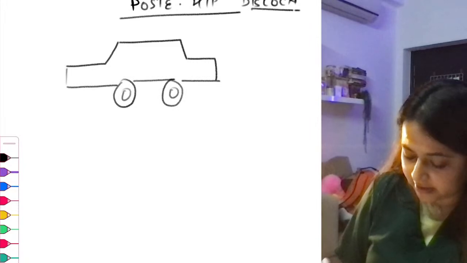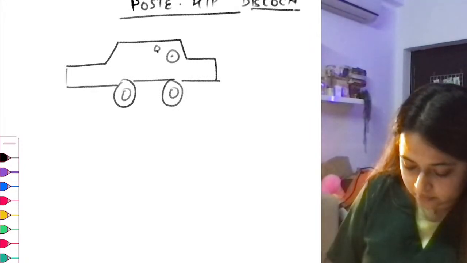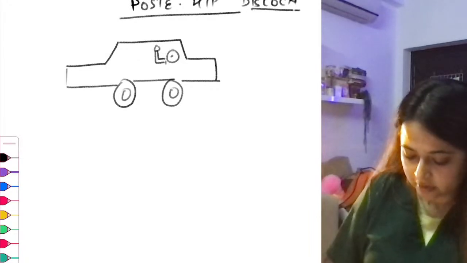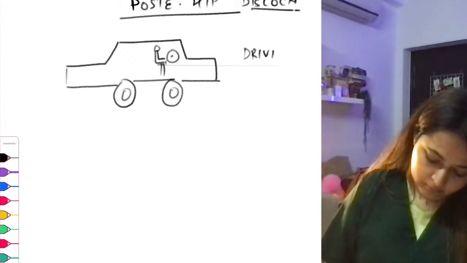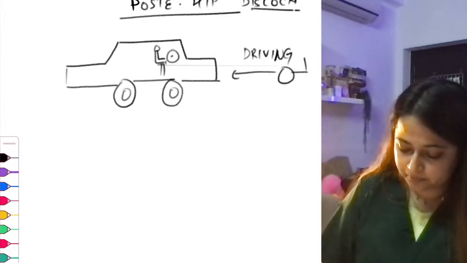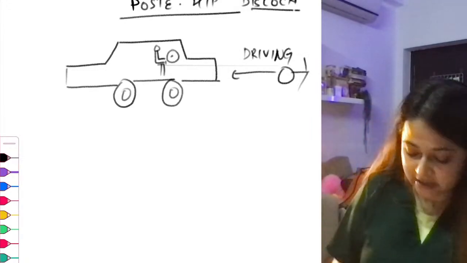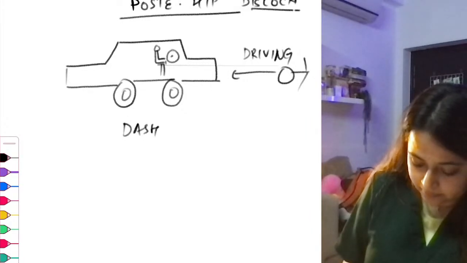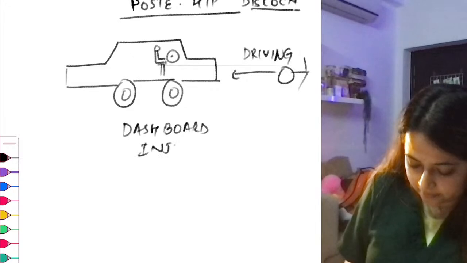So always remember it like this. Okay, supposing this person is driving the car and there is a head-on collision with something, right? So what happens is there could be a dashboard injury. This is very, very high yield.